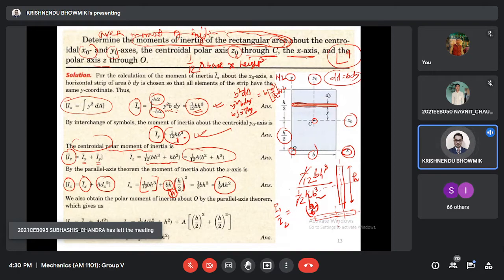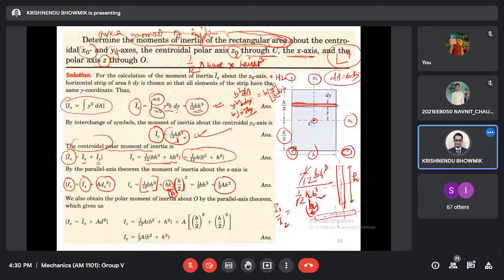The last one asked is considering the polar axis Z through O here. If you use O, then you can draw this distance R. R square will be b by 2 whole square plus h by 2 square. That is the R square.